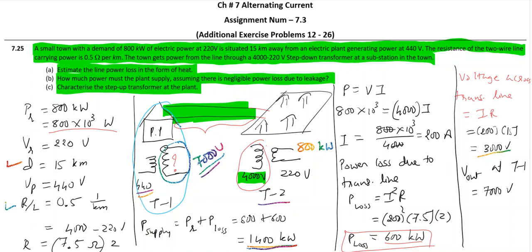This is the power loss in heat, 600 kilowatt. This is the answer of B, this is the answer of A, and 440 to 7000 volt is the answer of C. So that is all about 7.25.